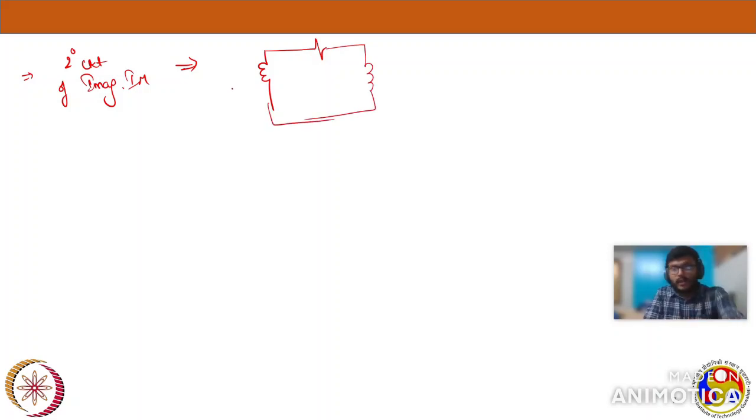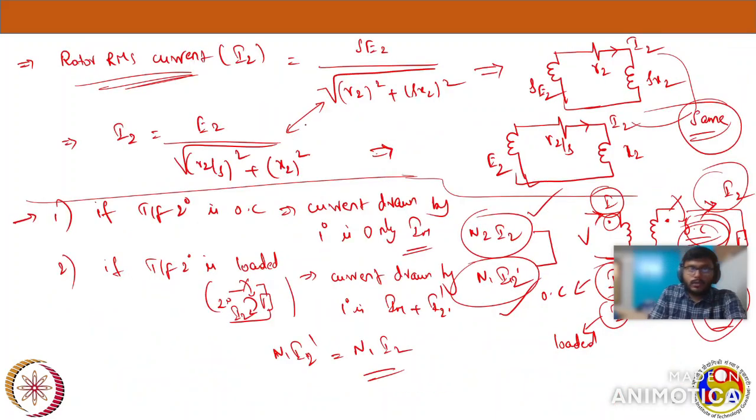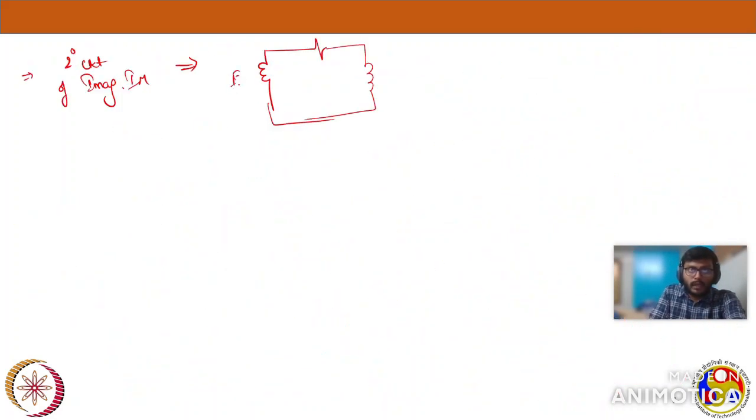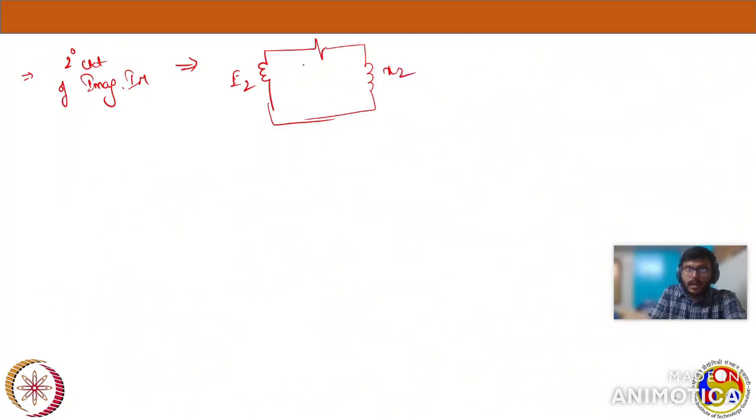So what is the value? If you see here, my imaginary induction motor is at standstill. So my induced rotor voltage will be E2, and the leakage reactance is X2 because it's standstill condition, and my resistance is R2 by S.